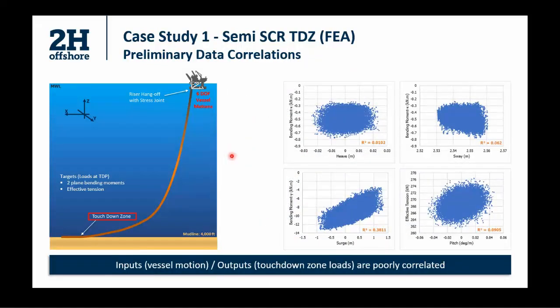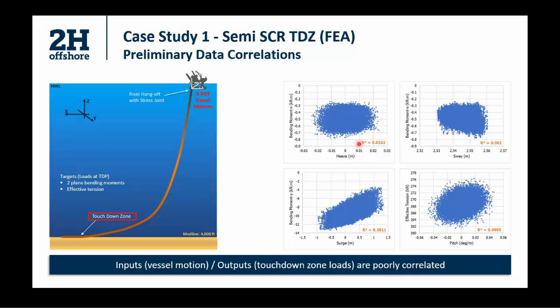Now that we talked about the objective, we'll look into the initial set of correlations. What if the linear relationships have insight into what exactly drives the response characteristics? Looking at the 6 degree of freedom vessel motions, that's what we are looking at in terms of the x-axis information here. We look at the three loads, the two plane bending moments and the effective tension.